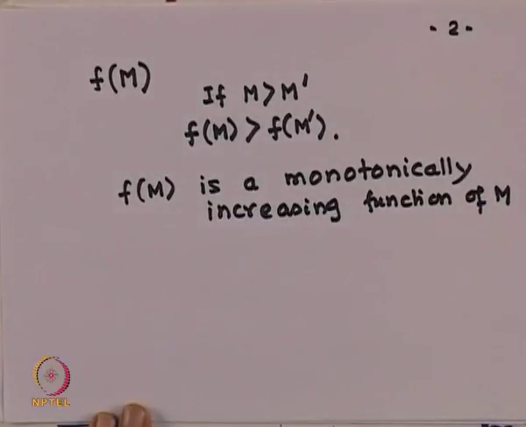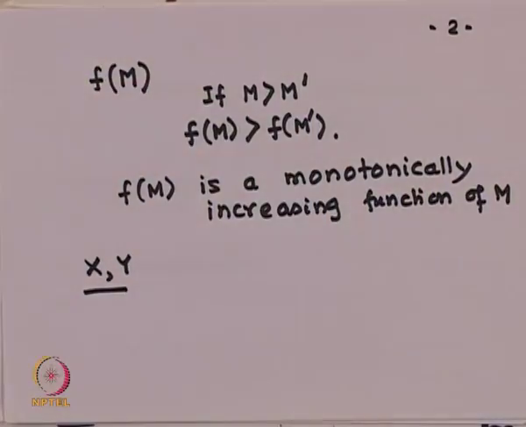Some other interesting properties follow. For instance, suppose I consider two random variables. One I call X, another I call Y. Just to be specific, let us suppose X is the coin toss which has two alternatives and Y is throwing of a die which has 6 alternatives. And supposing I want to do a joint experiment.